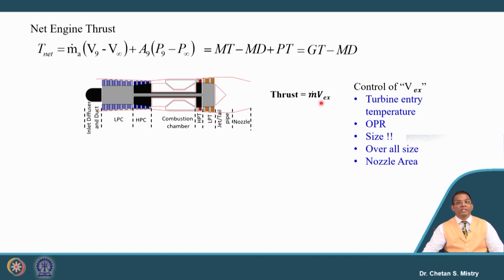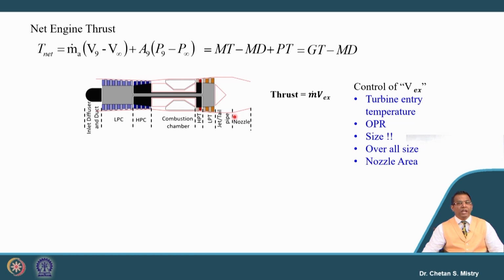What we realize is that if we increase our turbine entry temperature, it gives higher enthalpy at the entry of our nozzle, and that increases the exhaust velocity. But by making the turbine entry temperature higher, we have difficulty in terms of blade material. So the turbine entry temperature comes as a constraint for us.